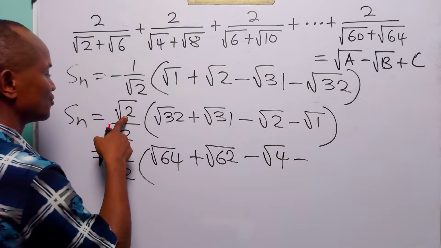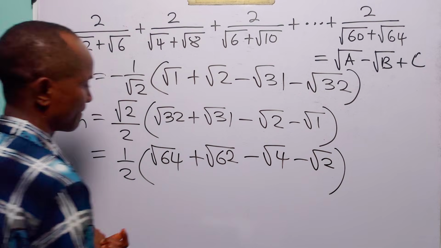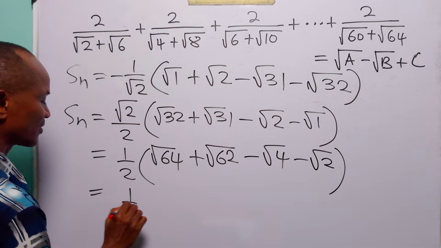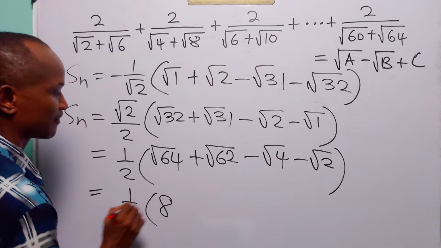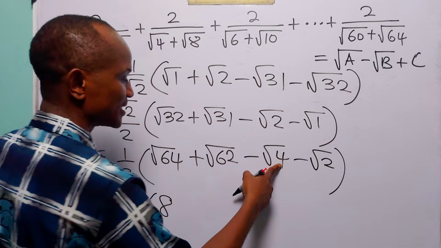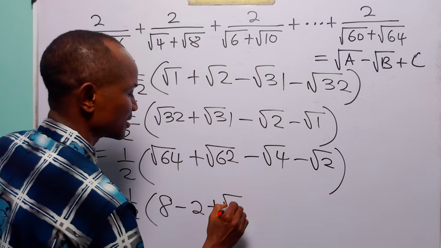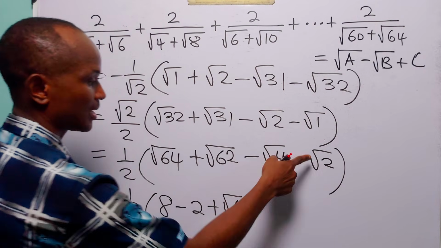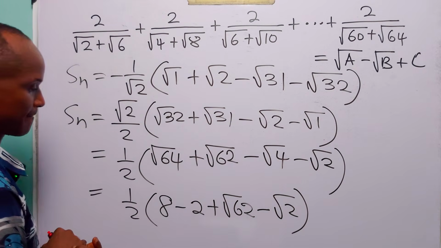And finally, root 2 times 1, that is root 2. We have half times root 64 is 8. Root 4 is 2. Then we have root 62. And we have minus root 2.